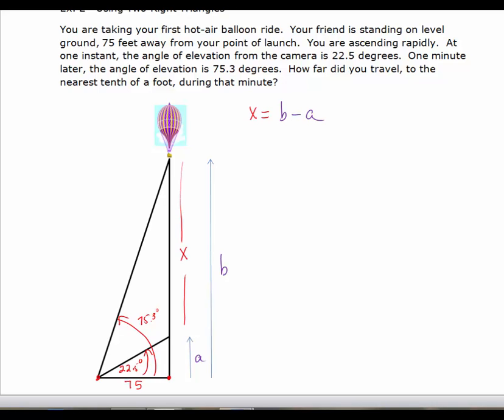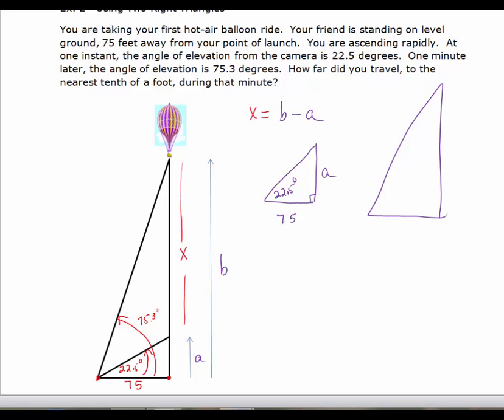So let me pull the two triangles out. The smaller triangle has a base of 75, the angle is 22.5 degrees, and the side is A. The second triangle is the larger triangle.